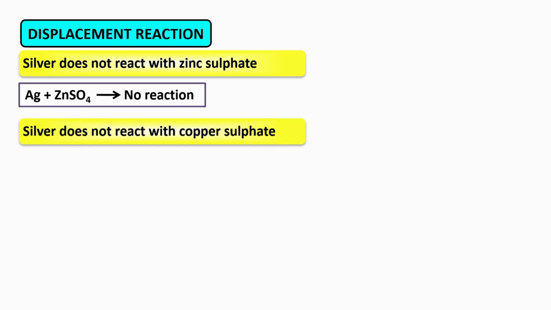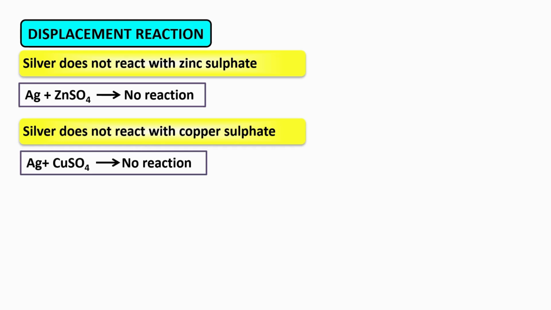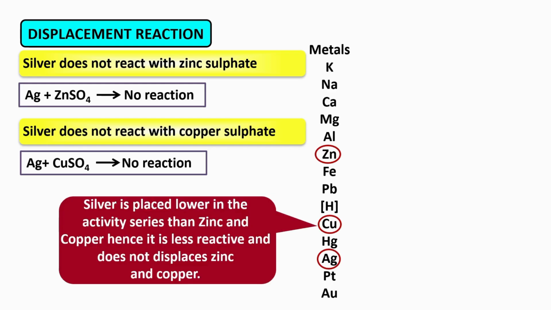Silver doesn't react with copper sulfate. Ag plus CuSO4, no reaction. Silver is placed lower in the activity series than zinc and copper, hence it is less reactive and does not displace zinc and copper.